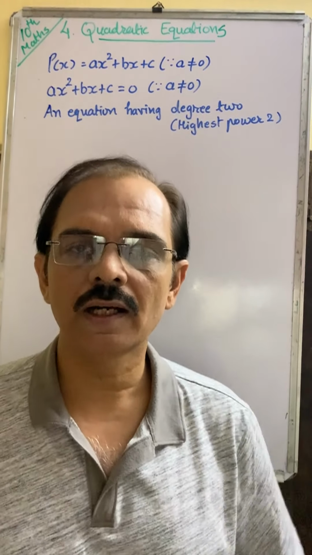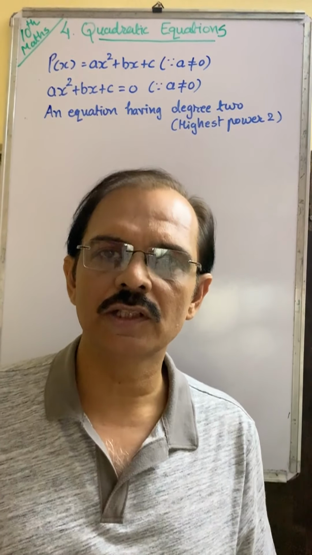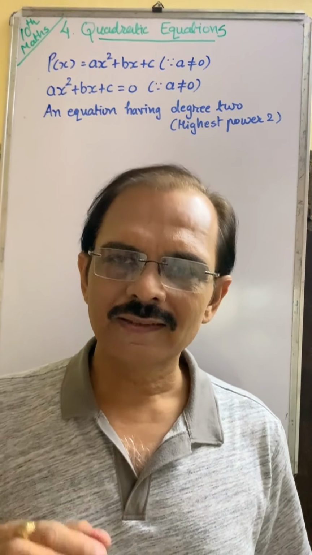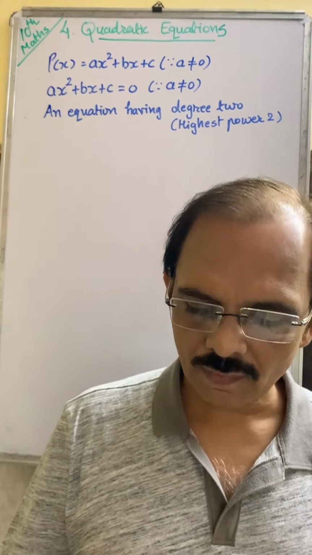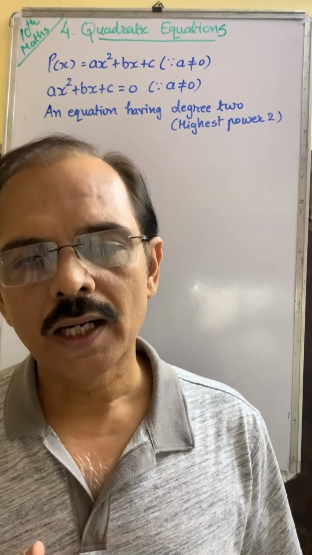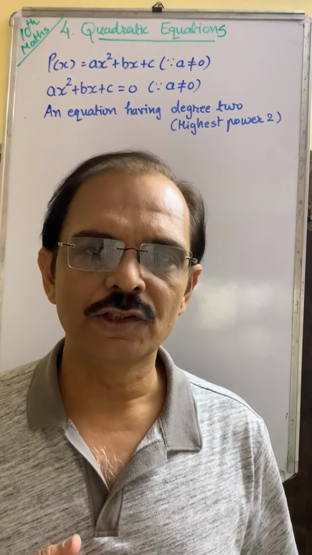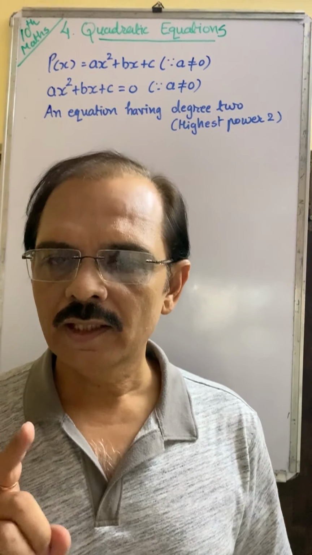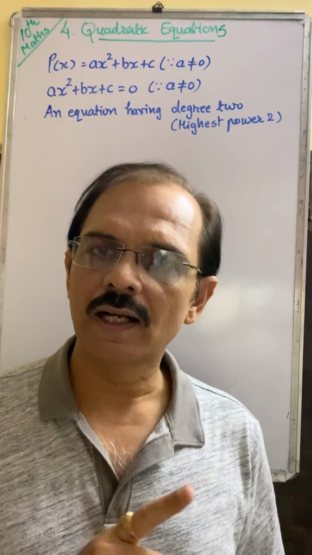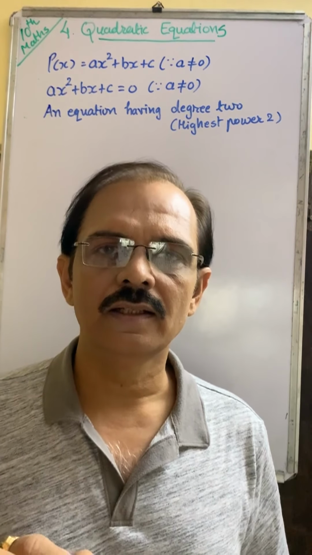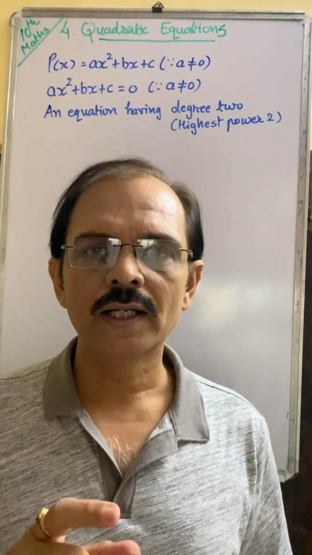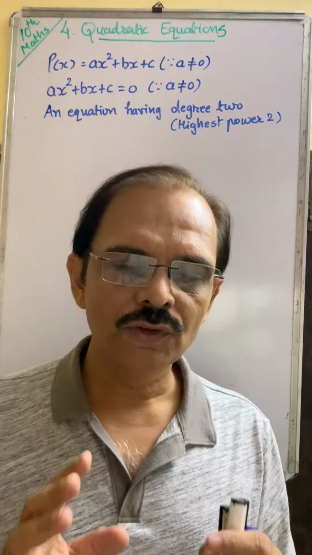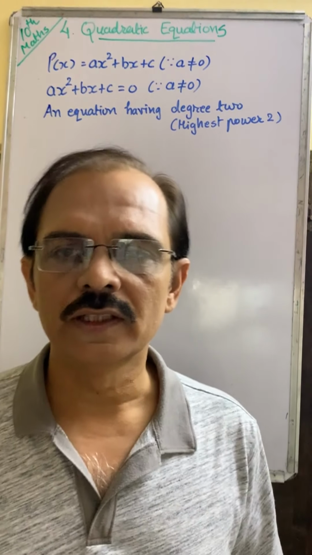Your question may be how can we distinguish between linear equation in 2 variables and quadratic equation in 1 variable? The simple method is what? The weightage of marks in quadratic equation is 8, whereas the weightage of linear equation is only 6. It means that linear equation will be asked in section A and section B, whereas quadratic equation will be asked in section C and section D. So you have to focus on it.